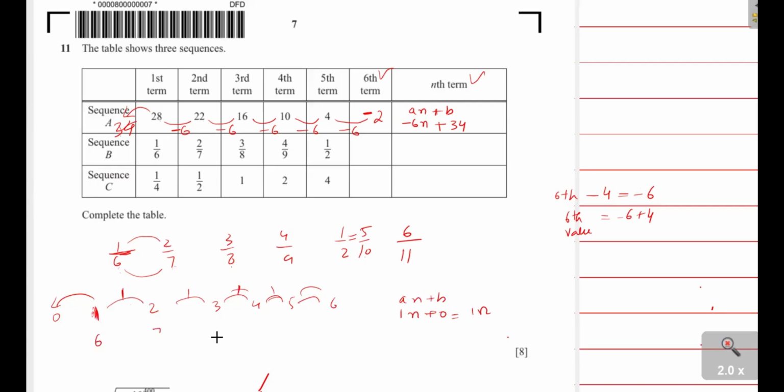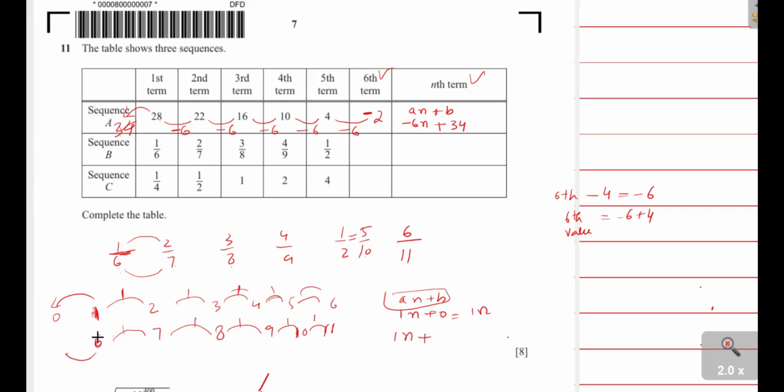Next, 6, 7, 8, 9, 10, 11. This sequence is also a linear sequence because the first difference is a constant, and we can write the nth term by using this formula. A is 1 and we write it as it is. B is the previous value.